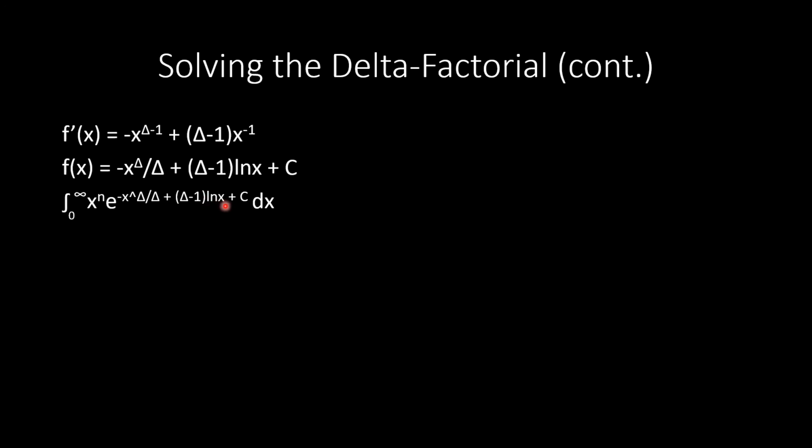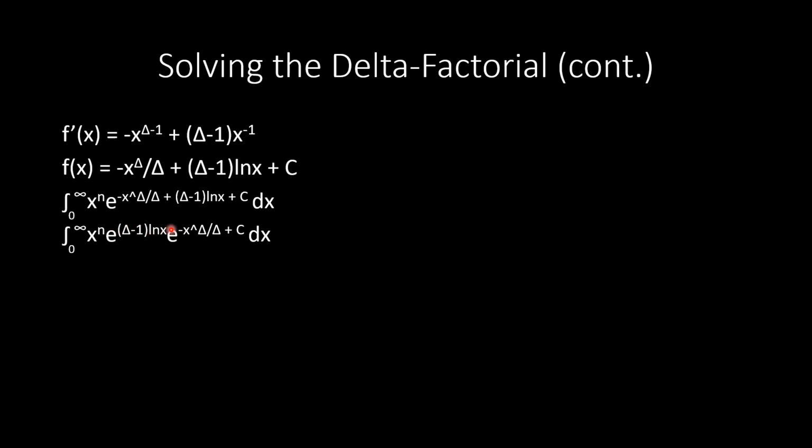Since we know log x pairs with e very nicely, we'll go ahead and take out that term, giving us x to the n, e to the delta minus 1 log x times e to the minus x to the delta over delta plus c. Now, as we have this log x term, our log rules allow us to bring this product up above the x as an exponent.